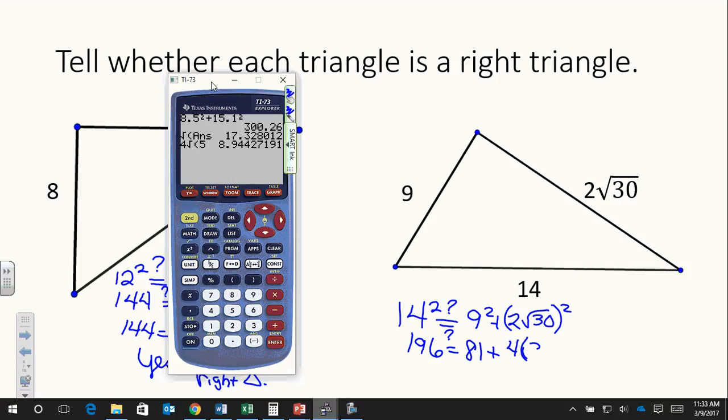Sorry. 120 plus 81 is 201. Does 201 equal 196? I switched them. Transposing numbers. Thank you. Are they equal? No. So is it a right triangle? No.